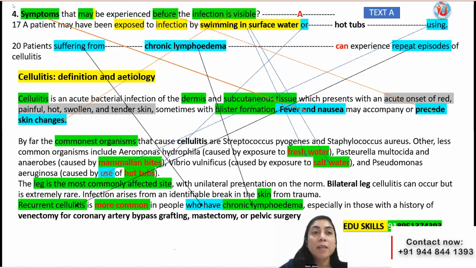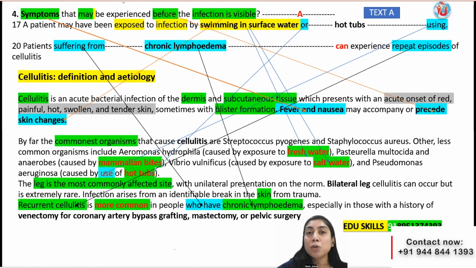The 17th question: a patient may have been exposed to infection by swimming in surface water or hot tubs using. Maybe you have a doubt about the fresh water and salt water, then the hot water. You can check here: exposed to infection, swimming in surface water. Swimming, we can do either in fresh water or salt water. So these are the two answers.